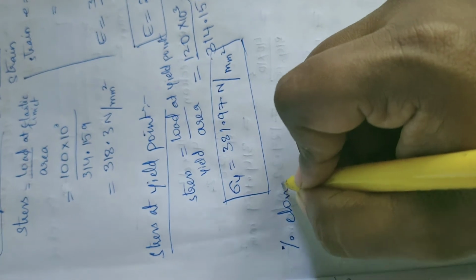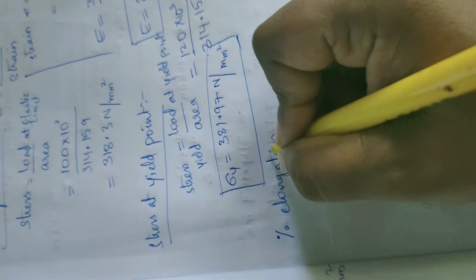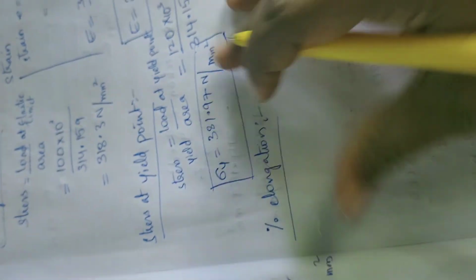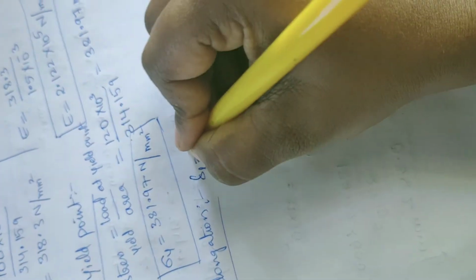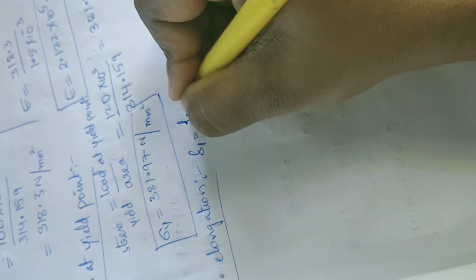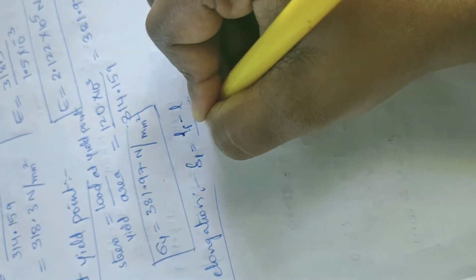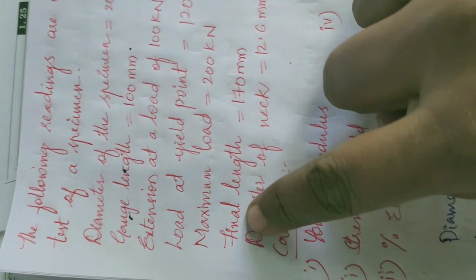Now next I need percentage elongation. Percentage elongation can be got by the formula: final length minus original length by original length into 100. The final length is already given, it is 170 mm, and the original length, the gauge length, is 100.